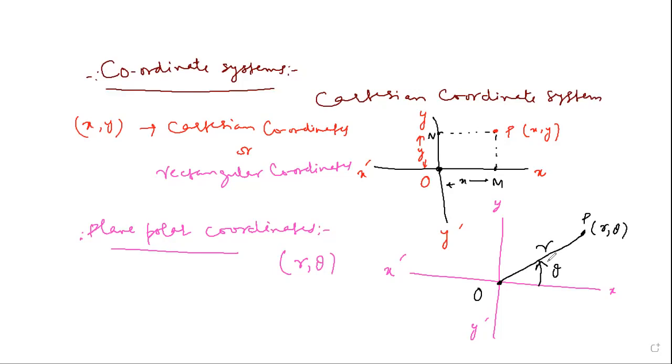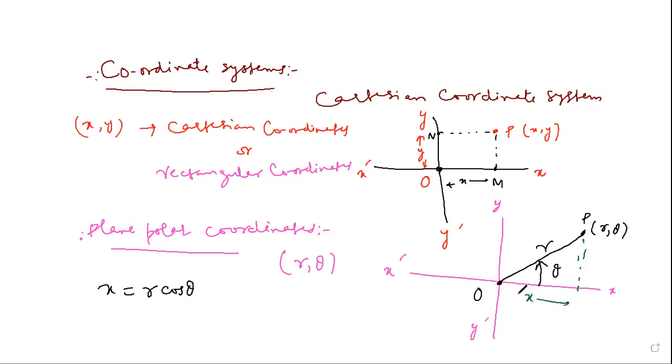You can see from the diagram the relationship between Cartesian coordinates and plane polar coordinates. So what are the relations? x is simply r cos theta, where this distance is x.